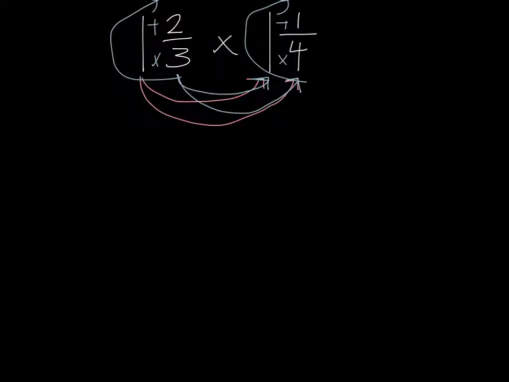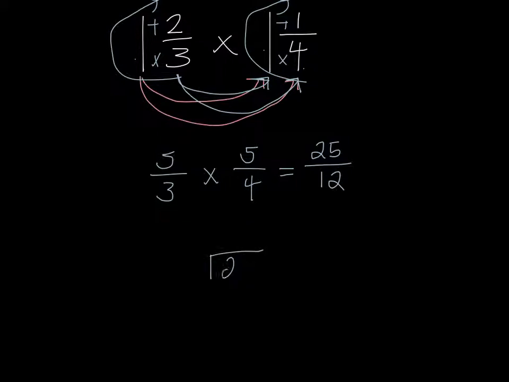3 times 1 is 3, and 3 plus 2 is 5/3. 4 times 1 is 4, and 4 plus 1 is 5/4. When I multiply across, I get 25, and 3 times 4 is 12, and this is improper, so I'm going to divide.